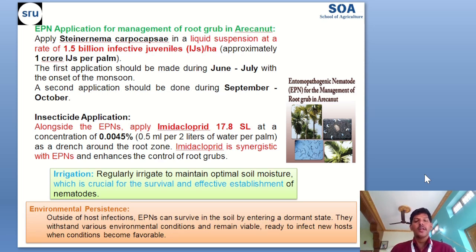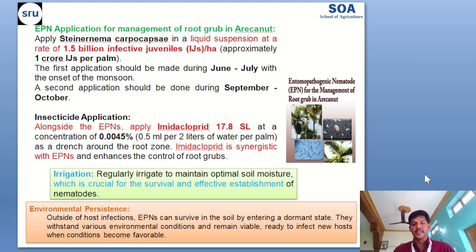One important point to note: during nematode application, regularly irrigate the field to maintain optimum soil moisture. Why? Because it is crucial for survival, effective establishment of nematodes and their movement from one place to another.